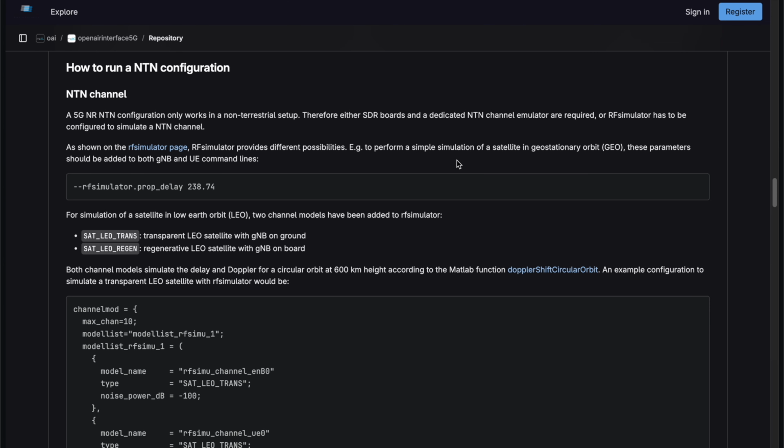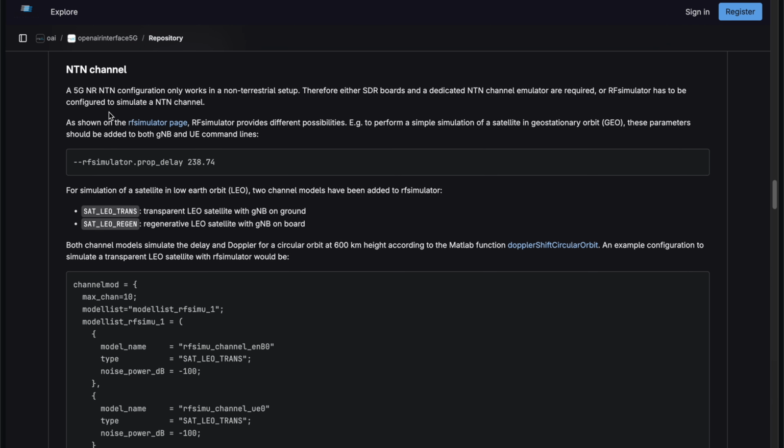Now let's move back quickly to the deployment part. For the deployment, we are using OpenAirInterface, which provides its own documentation on how to run non-terrestrial networks. We'll be following this all the way, so let's get started with the deployment.